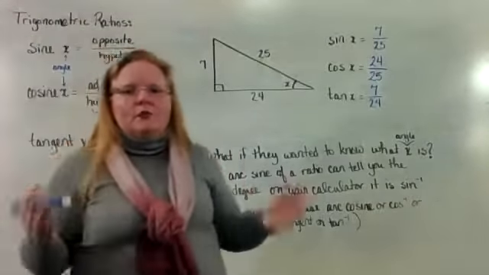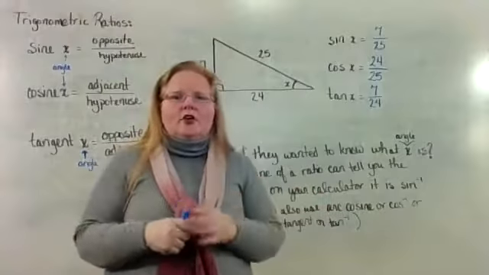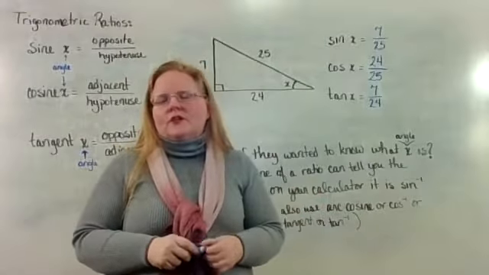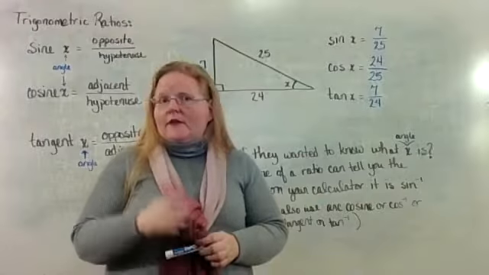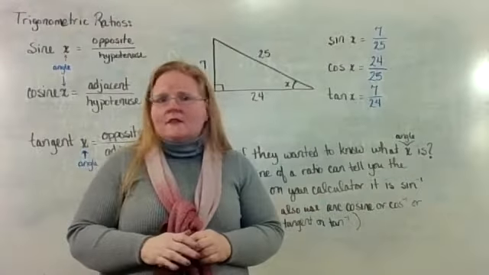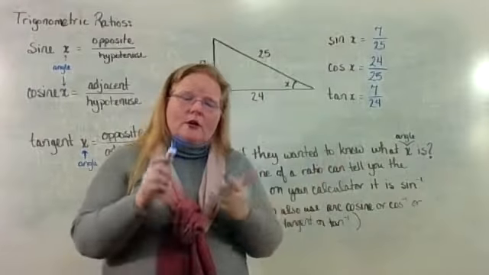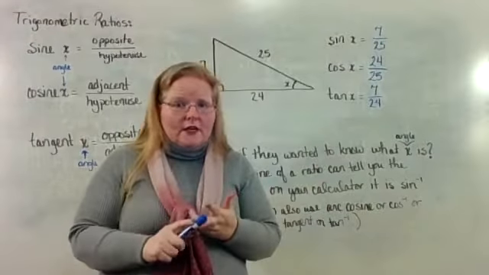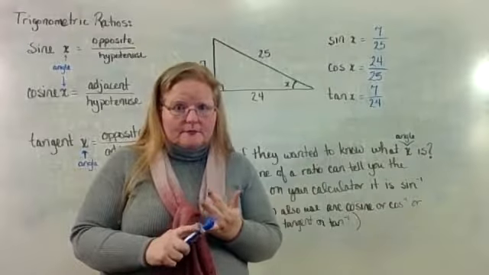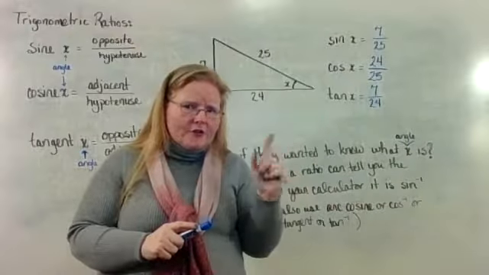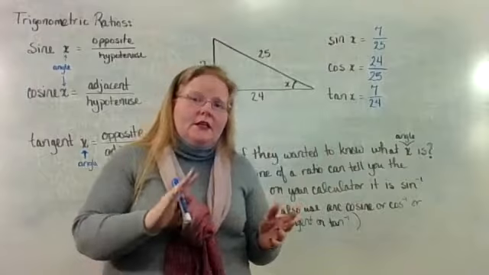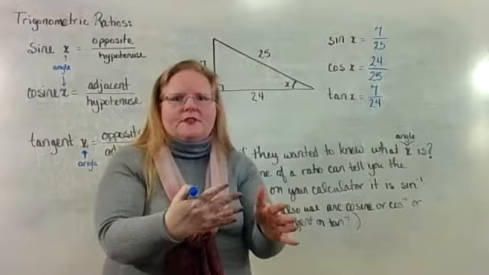Now, any book worth its weight is not going to call them sine inverse, cosine inverse, and tangent inverse. They're just not, because that's not what they were called back in the day. Back in the day, they were called arc cosine, arc tangent, and arc sine. Arc, A-R-C, arc, meaning how we do the opposite stuff.